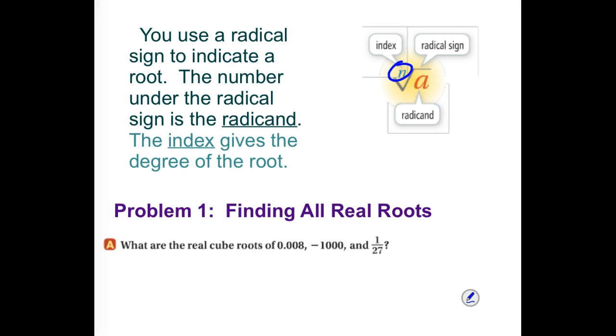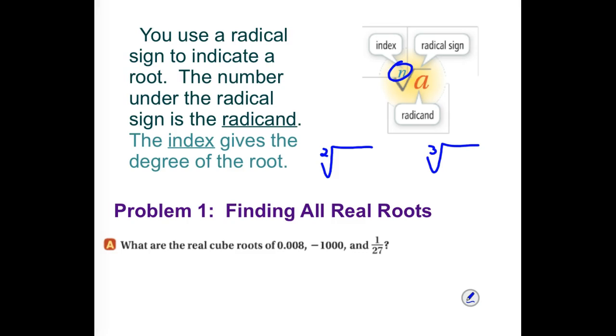If you are taking a square root, because we use square roots so often, we skip writing the little 2 in there. It's just kind of implied that you're doing a square root. You can certainly write the little 2 in there if you want. It's not required. But if you are taking a cube root, you have to have that 3 there. Without the 3, you're not taking a cube root. You're taking a square root.